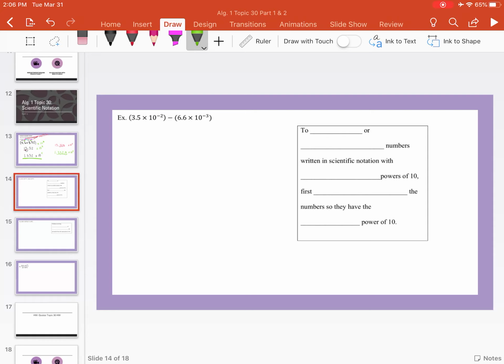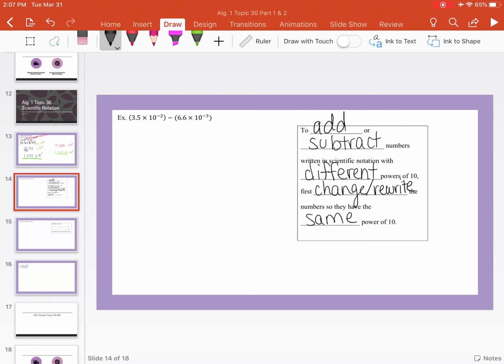Now, sometimes in problems, if you want to add or subtract numbers written in scientific notation, but they have different powers of 10, we first need to change or rewrite the numbers so that they have the same powers of 10.